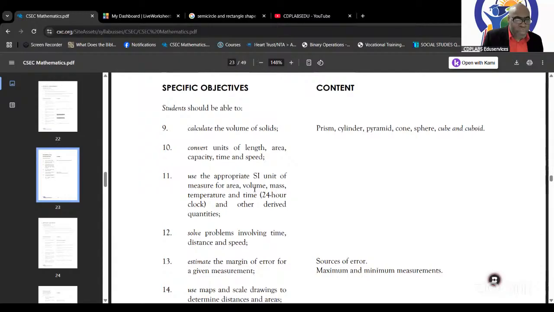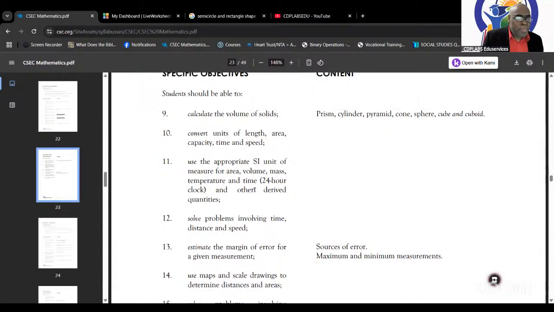Number 11, use the appropriate SI unit of measurement for area. So you can have square meters, kilometers square, right? Volume, cubic centimeters, or liters, or milliliters.